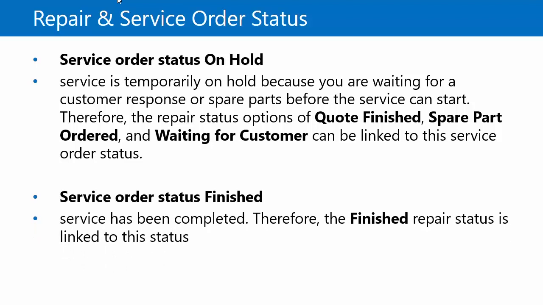So let's have a look in NAV at how, when you update a repair status code on a service item, that will have an impact on the service order status code. And which impact? Well, that depends on the link between a repair status code and a service order status code, and it follows basically what we have explained here.